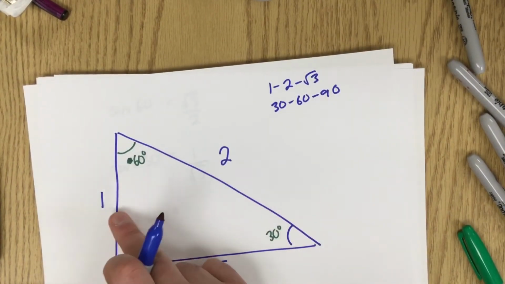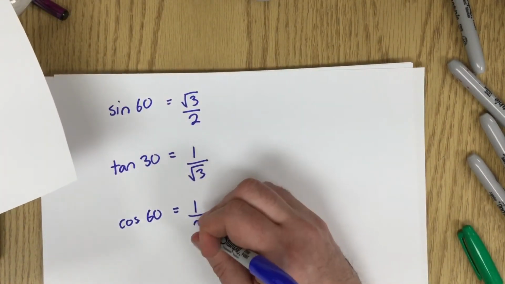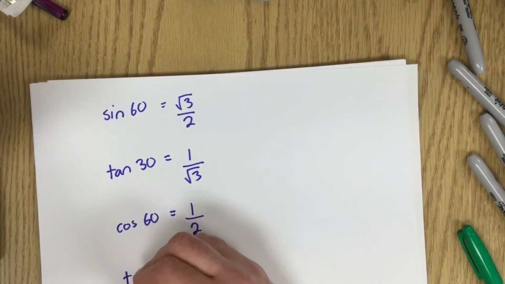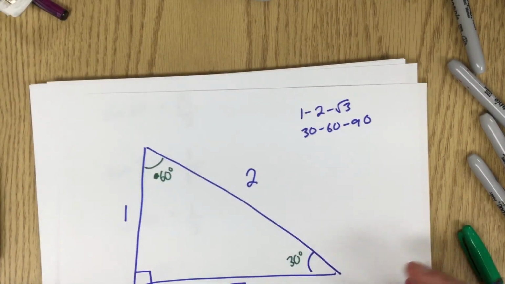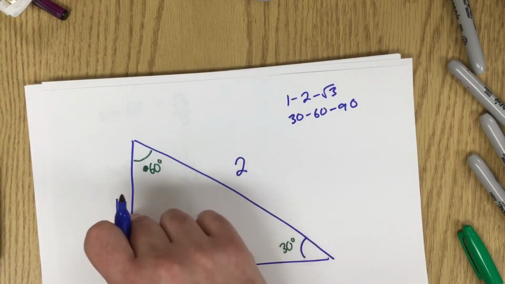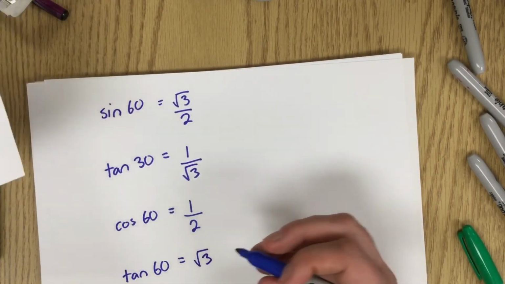That's the adjacent. Cosine is adjacent over hypotenuse. So the cosine of 60 is going to be 1 over 2. And then what would the tangent of 60 be? Opposite over adjacent, which would be root 3.